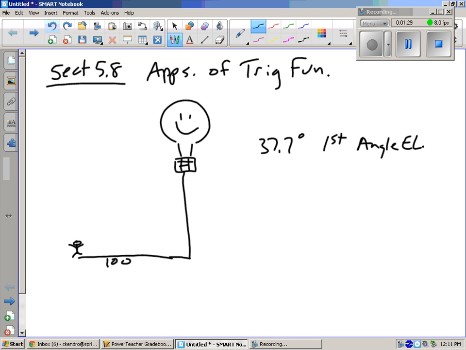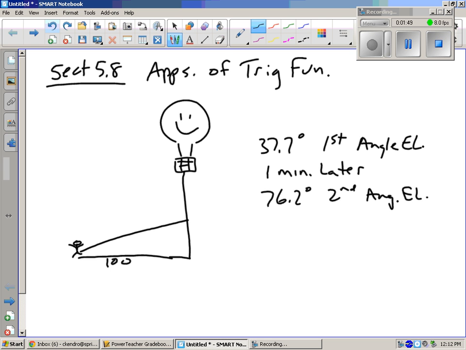The second angle of elevation, 1 minute later, is 76.2 degrees. So let's draw that. From the ground to here, the first angle of elevation was 37.7. Then the second one, going up to the hot air balloon, this whole angle here, I'm going to write out to the side, was 76.2 degrees.